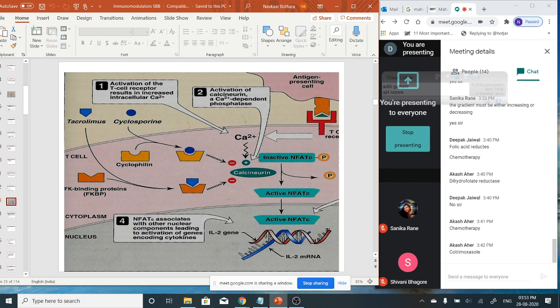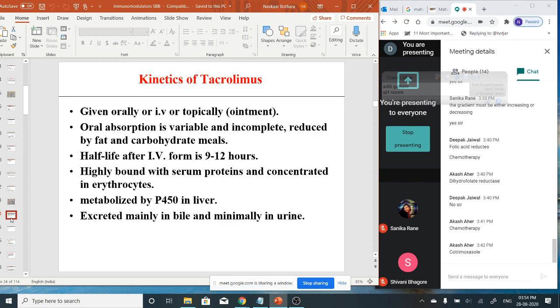It binds to cyclophilin, and because of this cyclophilin, it acts on calcineurin. We have already seen this action. The next steps are the same. While tacrolimus has another protein called FK binding protein. FK means FK506. That will bind again, that will cause inhibition of calcineurin and the next mechanism is the same. So this is how these two drugs act, and because of that they cause inhibition.